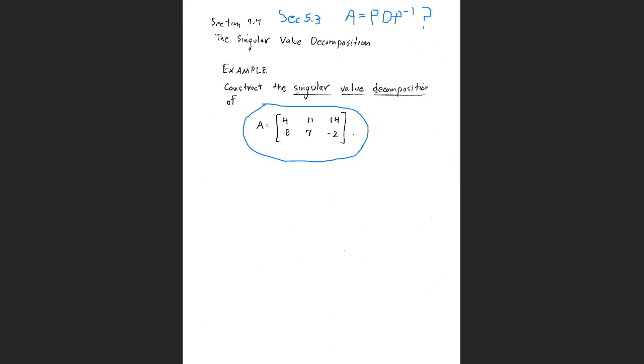Can we factor this matrix A this way? What do you think? Is that factorization possible for this matrix A, which has 2 rows and 3 columns?